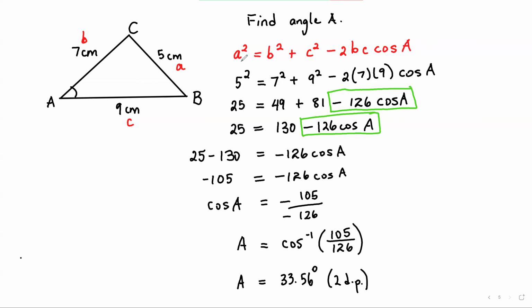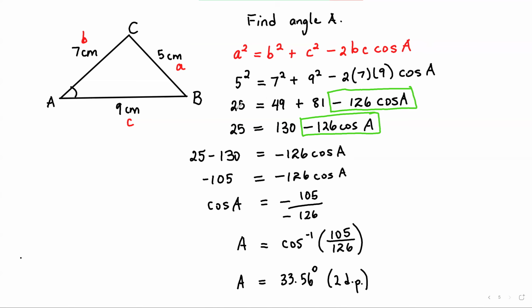A is 5, so A squared is 5 squared. B is 7, that means B squared will be 7 squared. And C is 9, so C squared is 9 squared. So 5 squared equals 7 squared plus 9 squared minus 2 times B, which is 7, by C, which is 9, by cos of A.